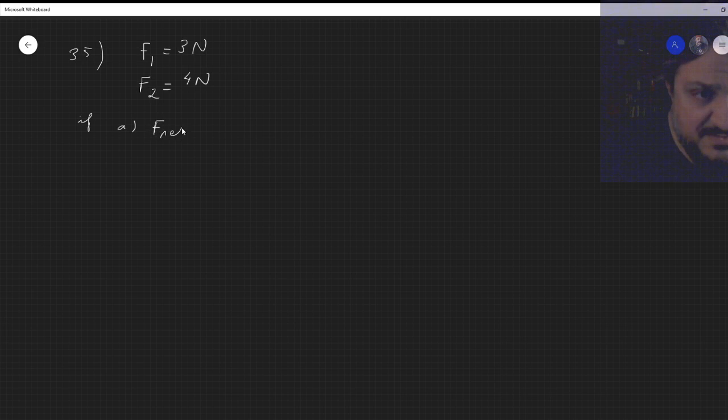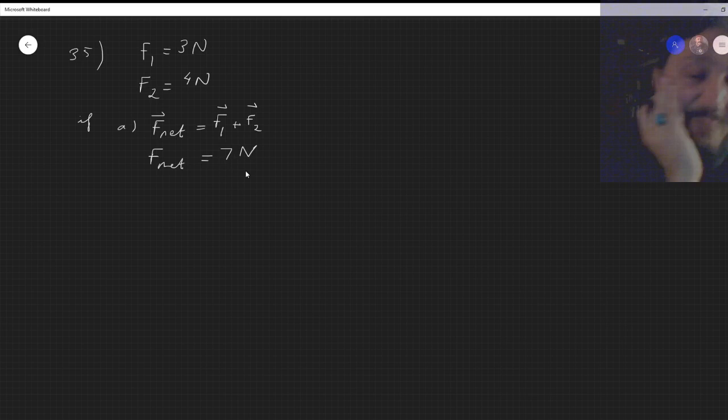Net means vector sum. F net means the vector sum of F1 and F2. But the magnitude of the net force is 7 newtons. So what is the relationship between the directions of F1 and F2 if the net force is just 7 newtons magnitude?